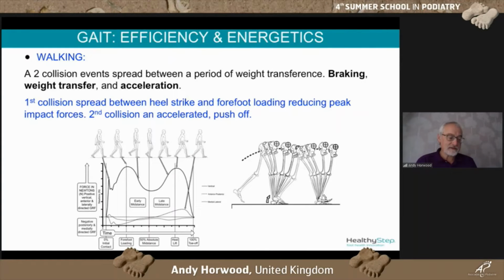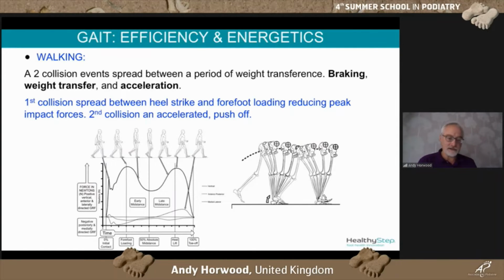To understand the significance of energy management in diabetic gait, let us consider the normal events in gait and the normal energetics that we see during gait. Now, walking is a two-collision event separated by a weight transfer phase.